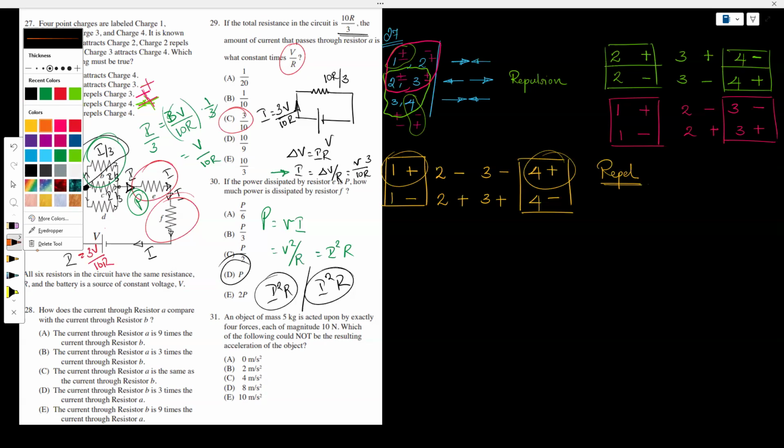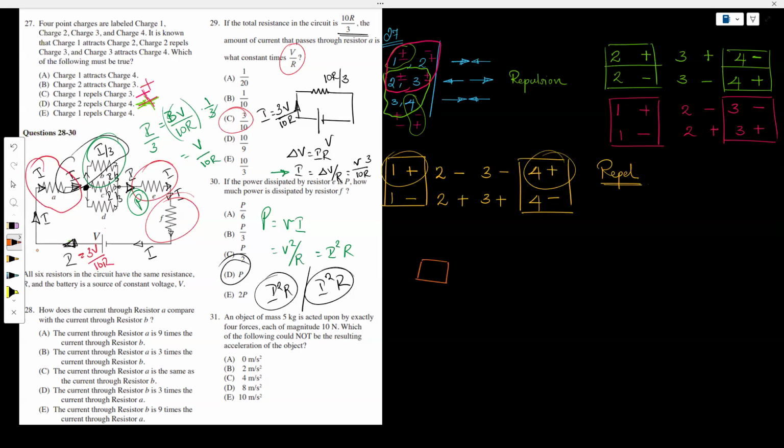31st, an object of mass 5 kilogram is acted on by exactly 4 forces, each of magnitude 10 Newton. Which of the following could not be a resulting acceleration of the object? So we have an object which we are acting on by a force. I don't know if I told you this, but let's say we have 2 forces.